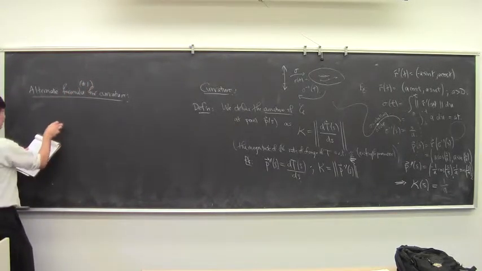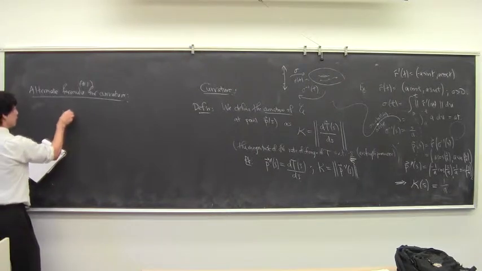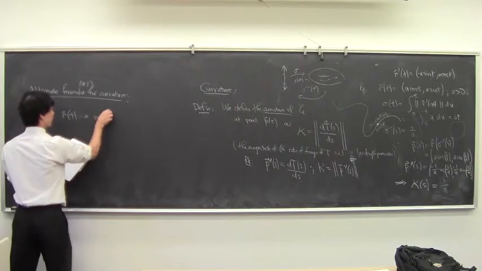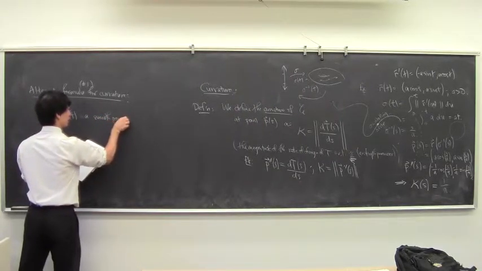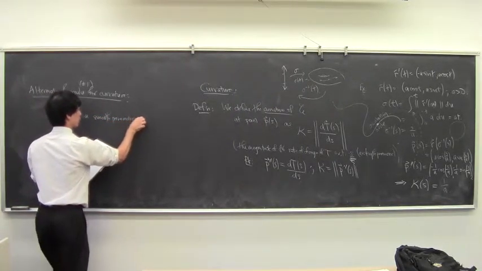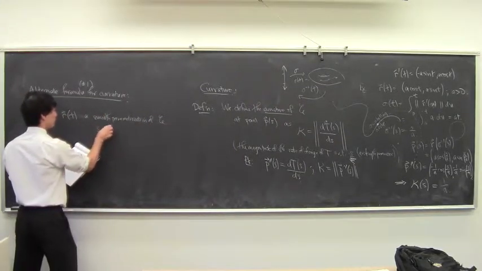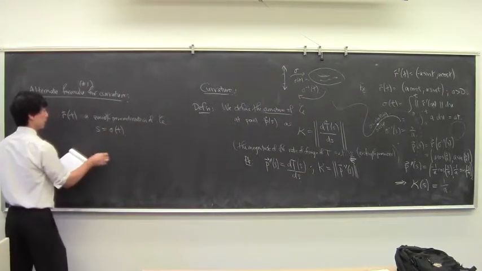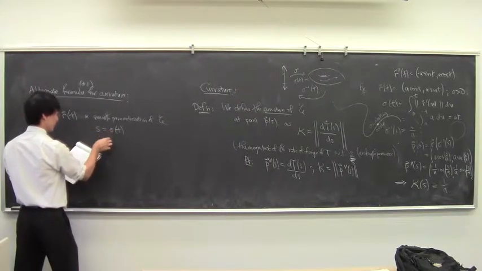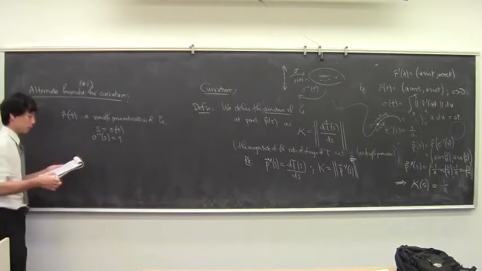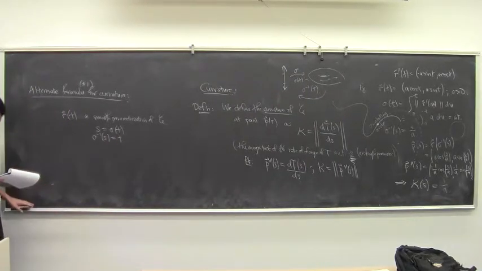Again, you start off with a smooth parameterization of some curve C, and s is sigma of t, right? Sigma inverse of s is t, right? So this goes between the variables.